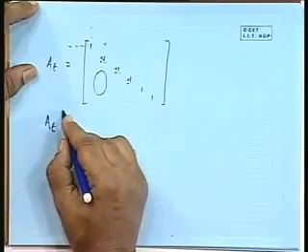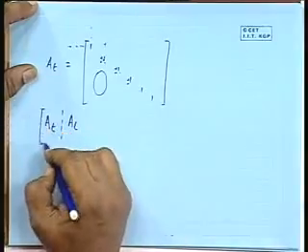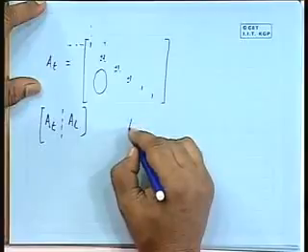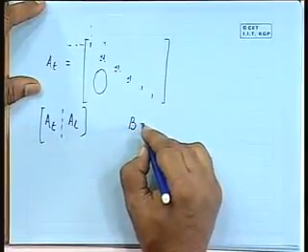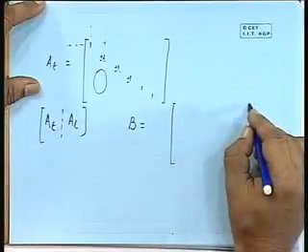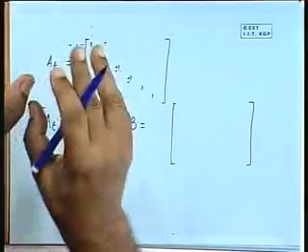Now after partitioning A into these two submatrices AT and AL, we discussed matrix B, that is the loop matrix. If you remember, you consider any tree first, then put one link at a time, then that will be called a fundamental loop.